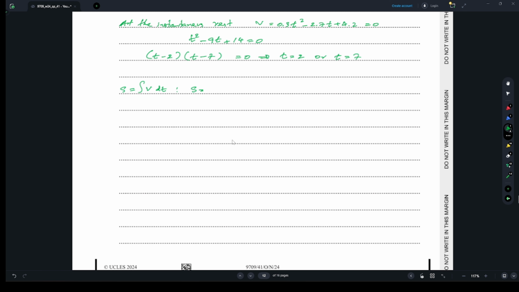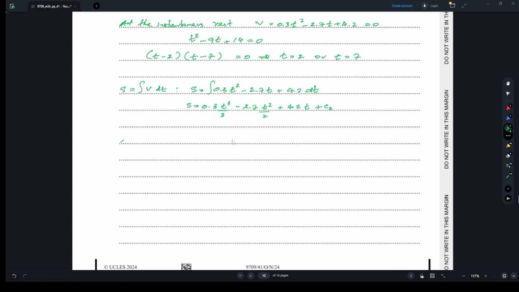So s equals the integral of the velocity equation, 0.3 t square minus 2.7 t plus 4.2 dt. I can write the answer here: 0.3 t cube over 3 minus 2.7 t square over 2 plus 4.2 t plus c2.